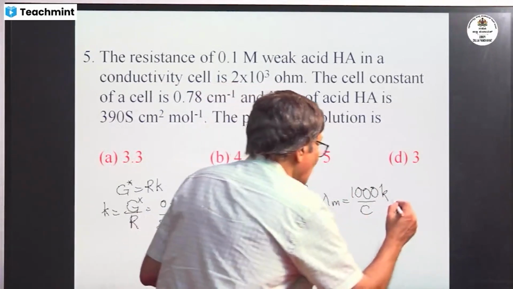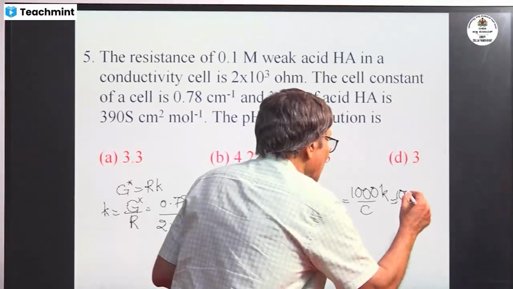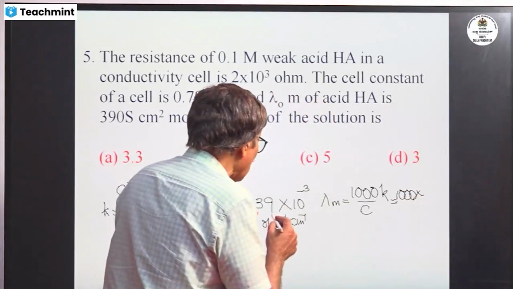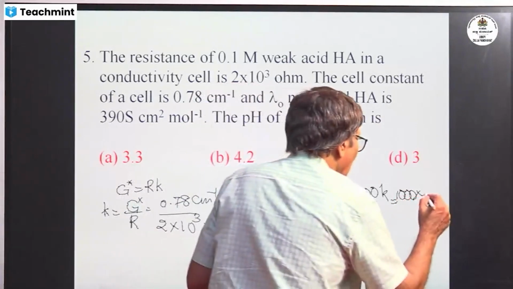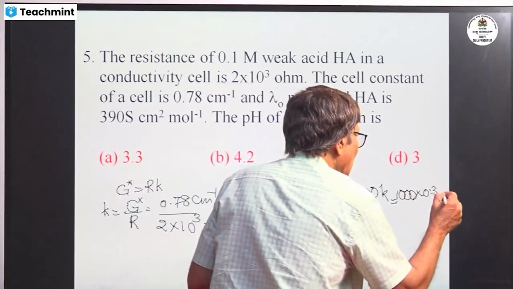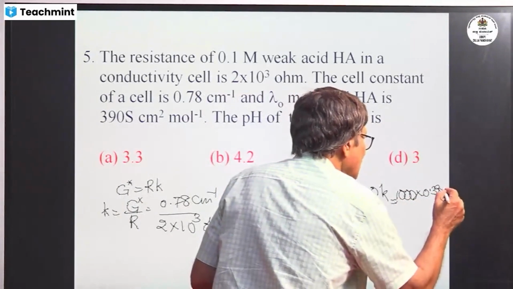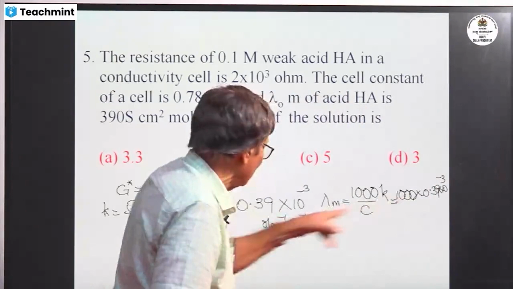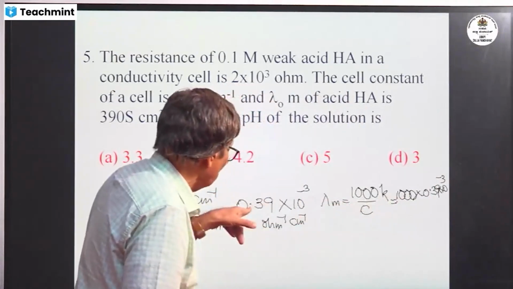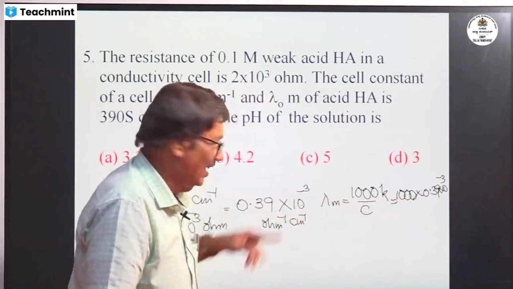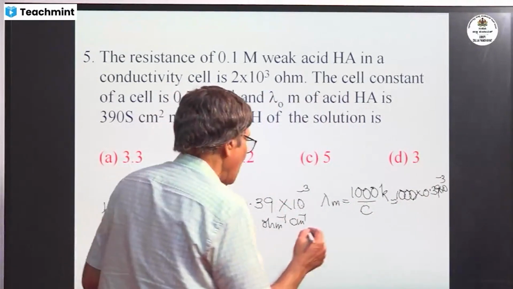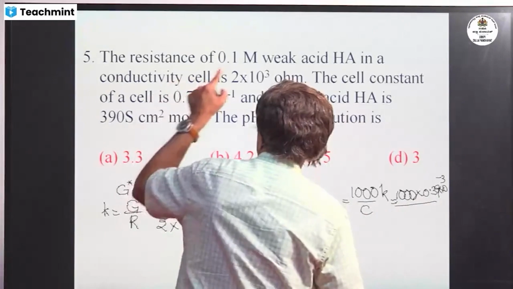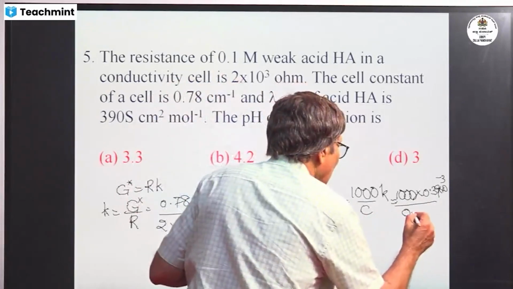That is equal to 1000 into K. K is how much? 0.39 into 10 to the power minus 3, divided by C. C is the concentration, which is 0.1.